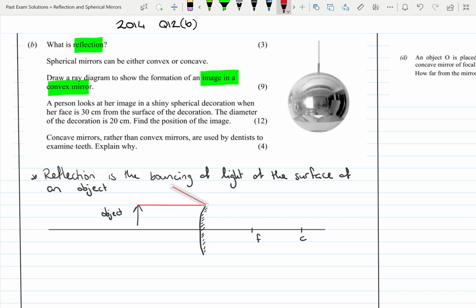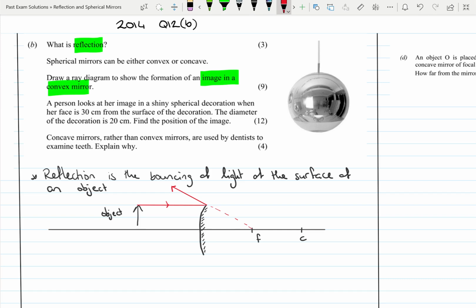So if I just trace that backwards, again, you guys are going to use a ruler when doing this to make it more accurate. That's our first light ray.